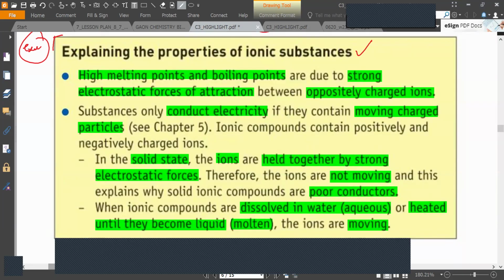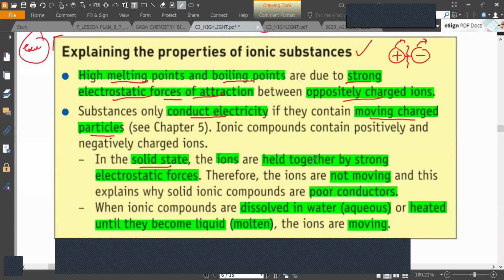The reason for high melting and boiling points is the strong electrostatic forces of attraction. When we have positive and negative charges together, they attract, and this is what we call electrostatic forces of attraction. They can conduct electricity because they have moving charged particles. When we break the bonds, they are free to move and can conduct electricity.